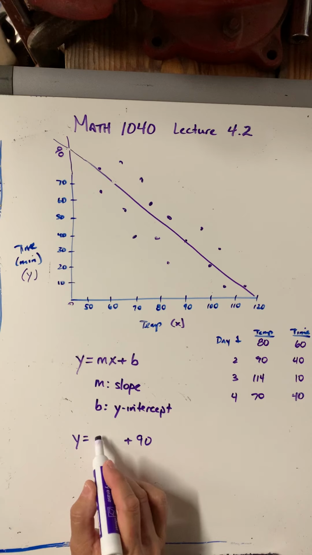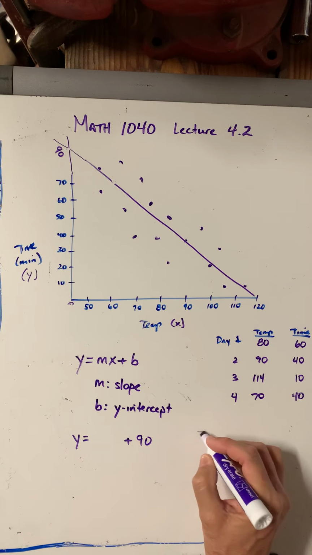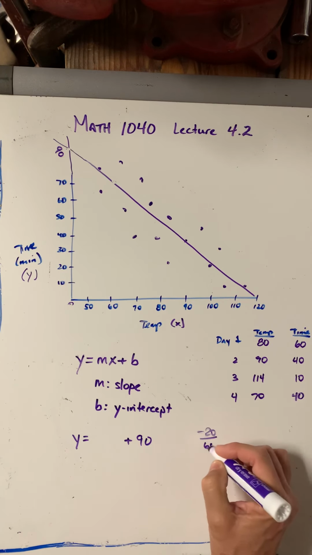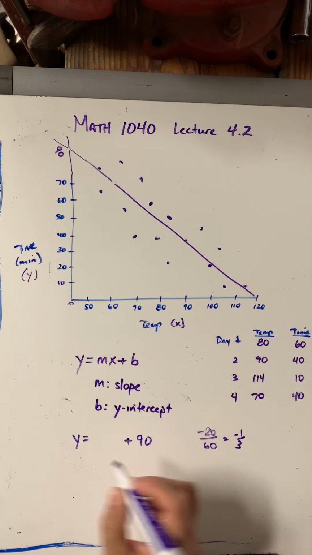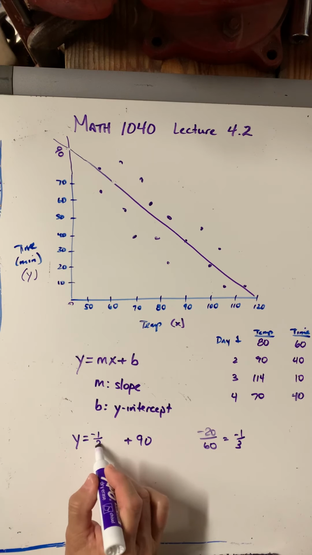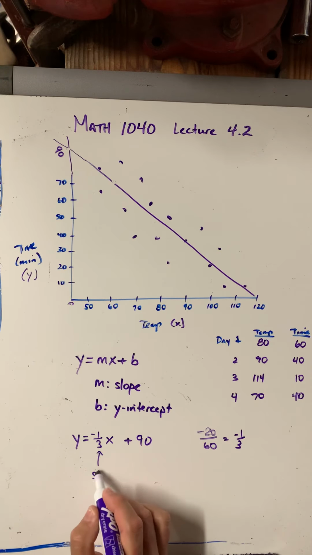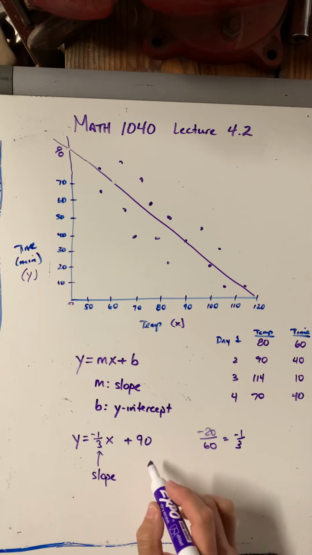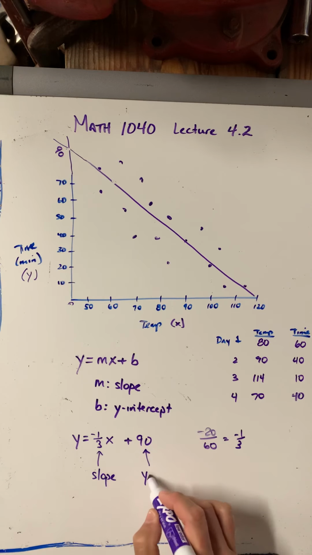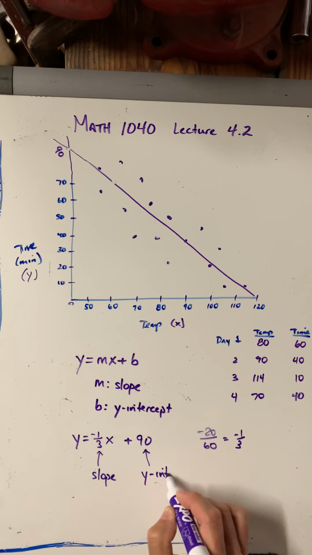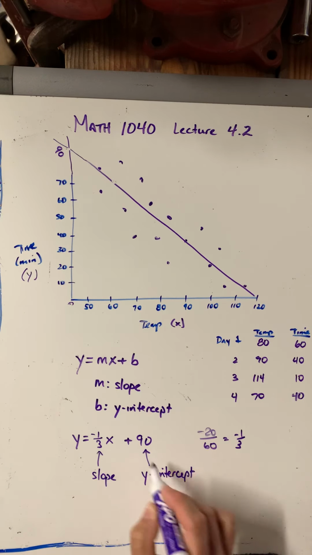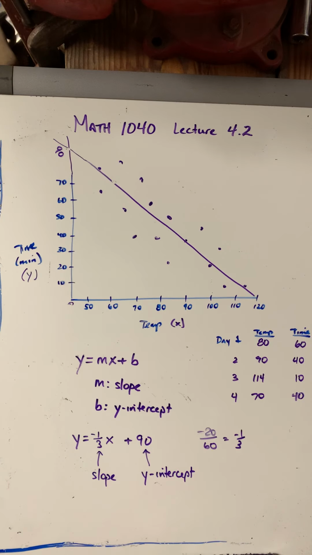So -20 over 60 reduces to -1/3. So my slope would be -1/3, and it's always next to the x. The slope is always next to the x, and the y-intercept is always standing alone. It's the constant. It does not have a variable x attached to it.